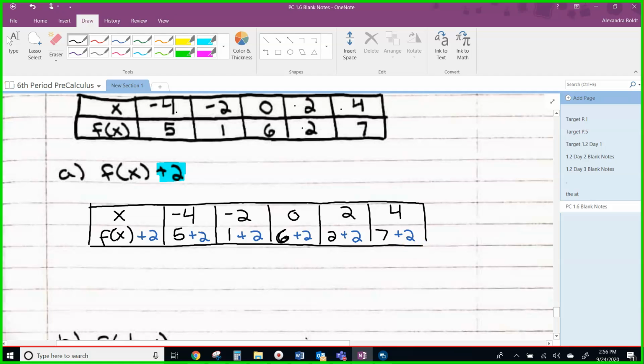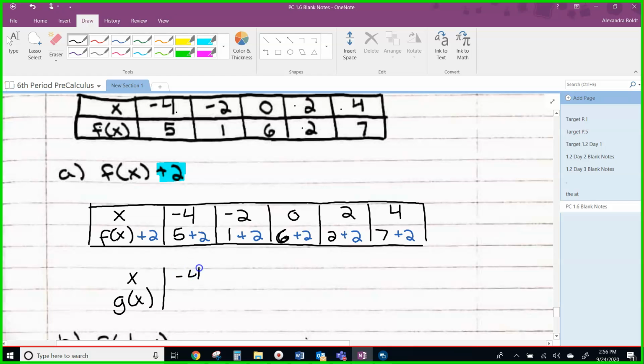So then I can write my final answer. So it's always x. And then we usually give this new function a new name. So the original function's name was f. So maybe I'll name this one g, right? So that's my new name for that function. So we have -4.